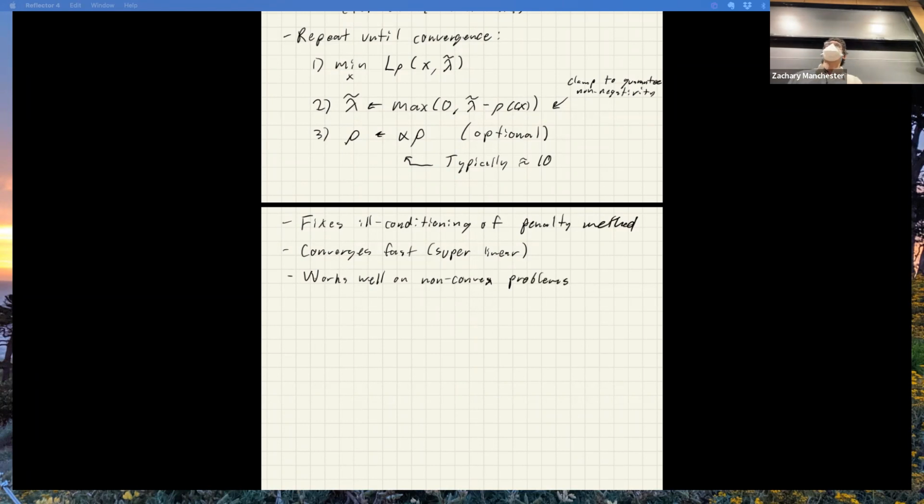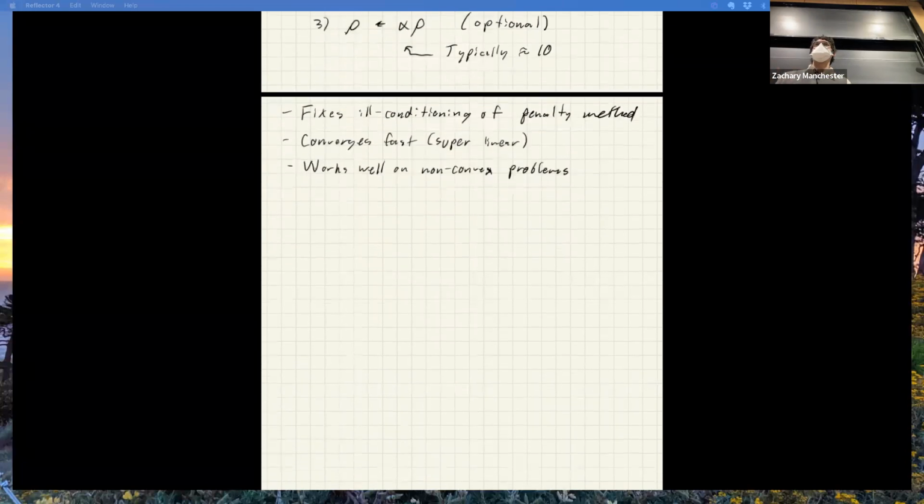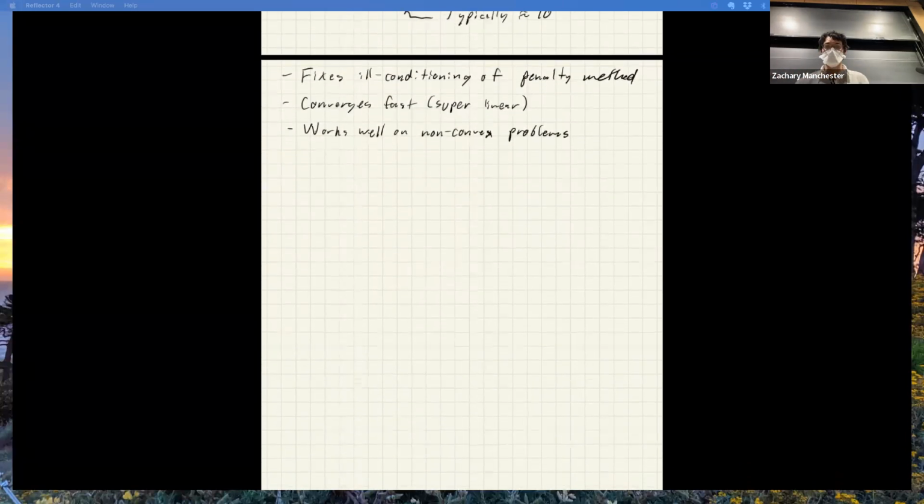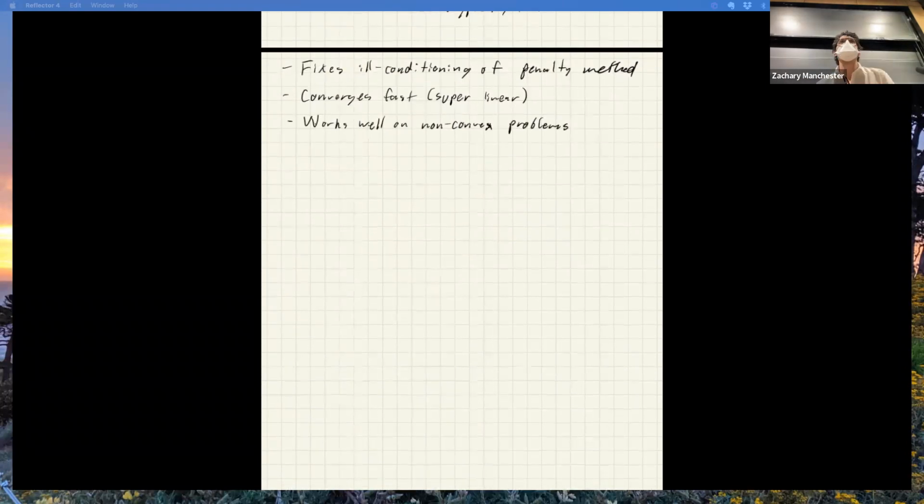Almost everything we're going to do in here, or a lot of it, will be non-convex. Any time you have a nonlinear system, your trajectory optimization problems are going to be non-convex. Okay, cool.